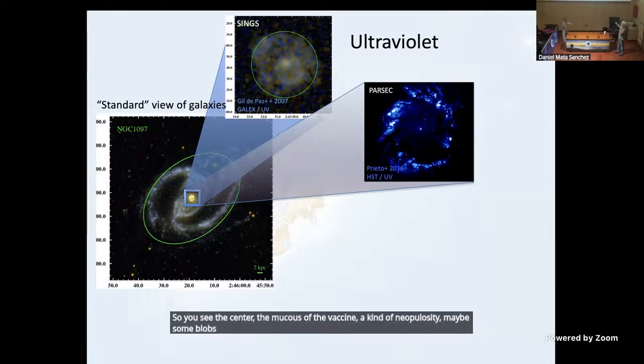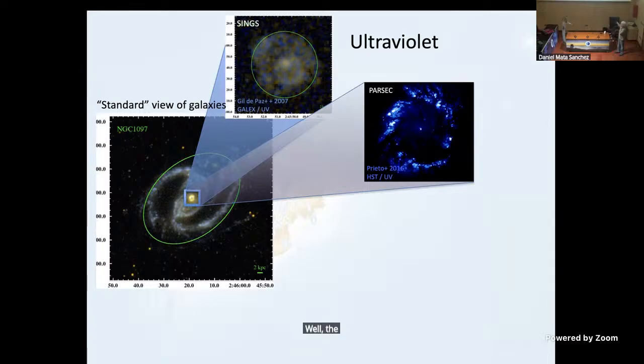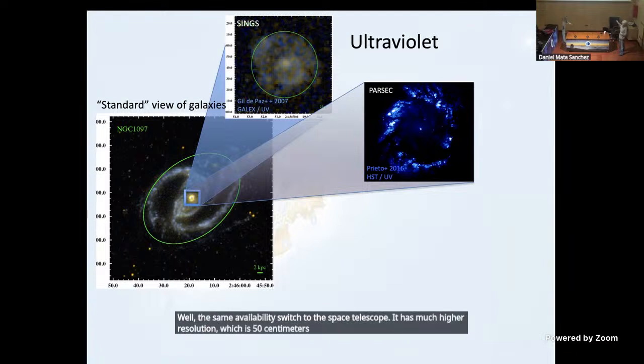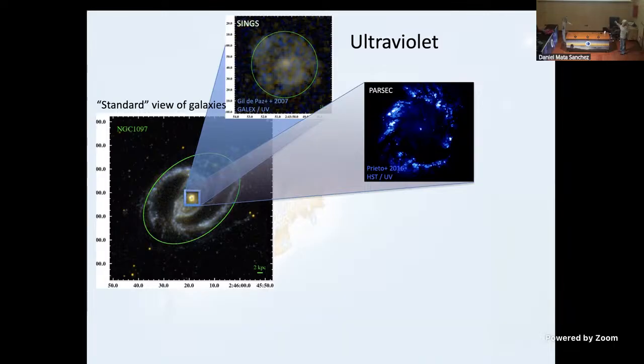When you switch to the space telescope in the UV, it has much higher resolution. This is 50 centimeters, this is 2.5 meters. You have the nucleus of the galaxy, and all this diffuse structure is split into many sources. These are star clusters, hundreds of them. This is the difference between looking this way or that way.